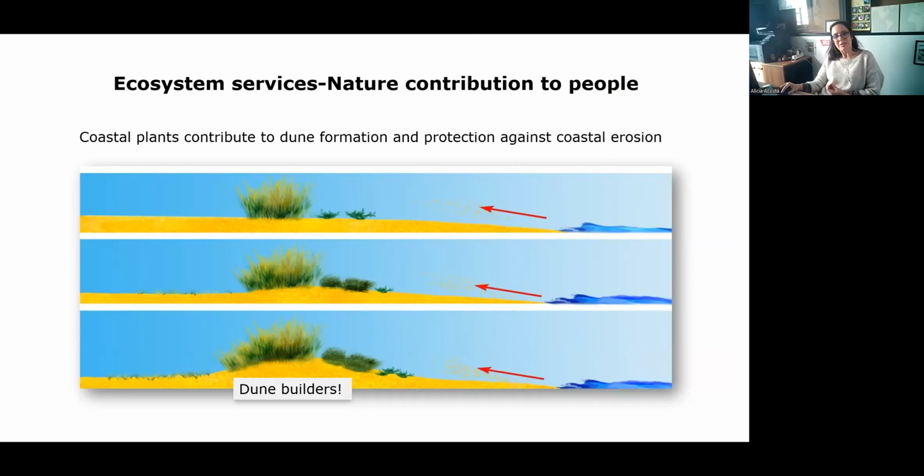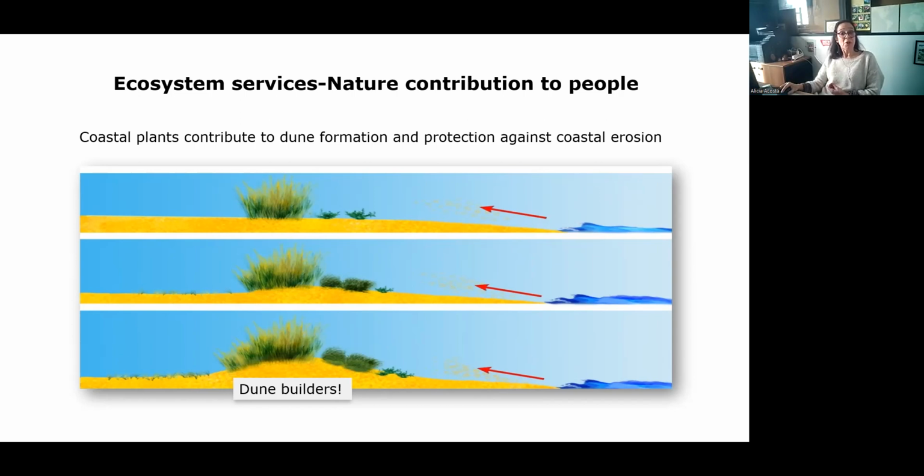This is why plants adapted to live in dune ecosystems play a major role in dune formation and dune morphology. And we can call them dune builders. So coastal dune plants, such as Ammophila again, contribute to dune formation by holding the sand, and in this way contribute to essential services such as protection against coastal erosion and reducing damage due to storms.